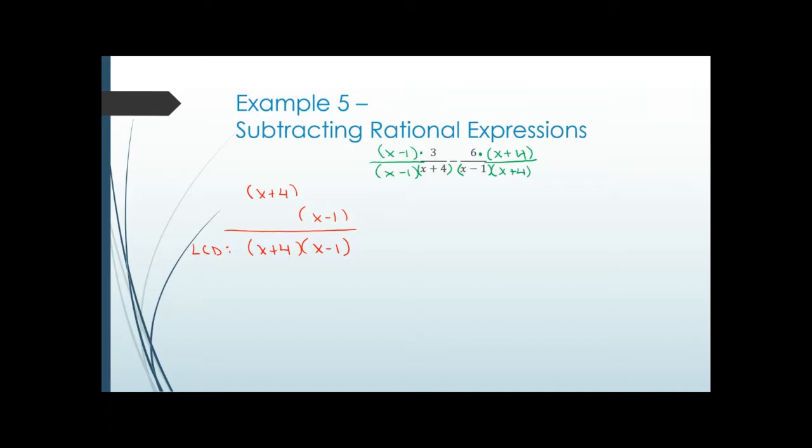So I'm going to just rewrite these so you can see what this looks like. If I have just a number, like on the first fraction I have x minus 1 times 3, I can put that 3 first.